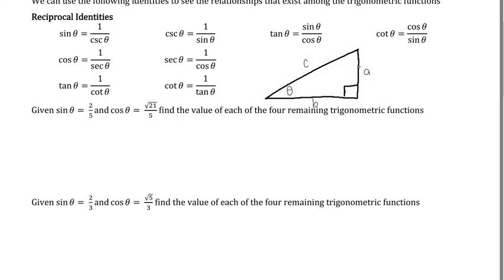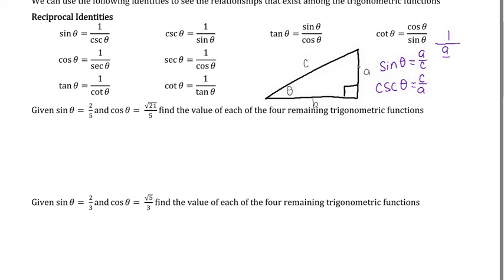And now let's look at sine theta. We know sine of theta is equal to A over C. And cosecant theta is equal to hypotenuse over opposite, so that is equal to C over A. Well, what happens if we look at the reciprocal of A over C?